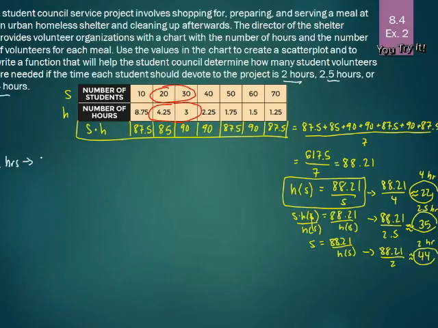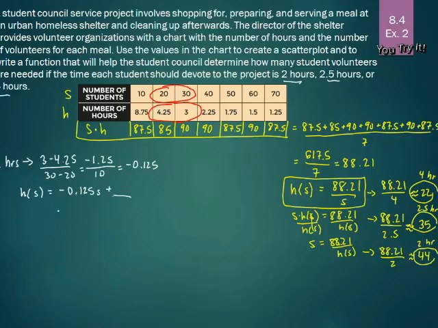And so starting with 4 hours, then let's find that average rate of change. So taking 3 minus 4.25 divided by 30 minus 20, then we get negative 1.25 divided by 10. So that gives us negative 125 thousandths. And so that will be our rate in our function. So we'd have h of s equals negative 0.125 s, and then plus our y-intercept.